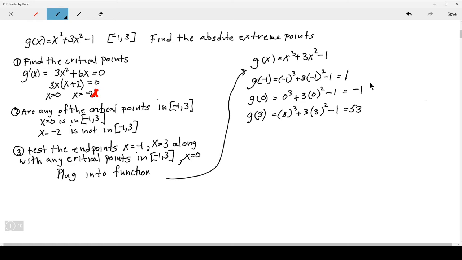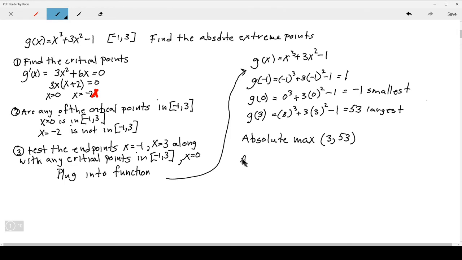Now these are the function values. When we look at the function values, we're looking for the largest and the smallest. So this is the largest. This is the smallest. So the absolute maximum point occurs at 3, and the value of the function is 53.